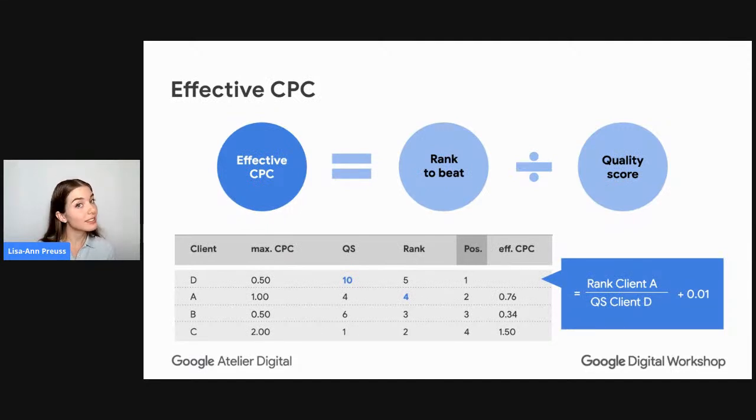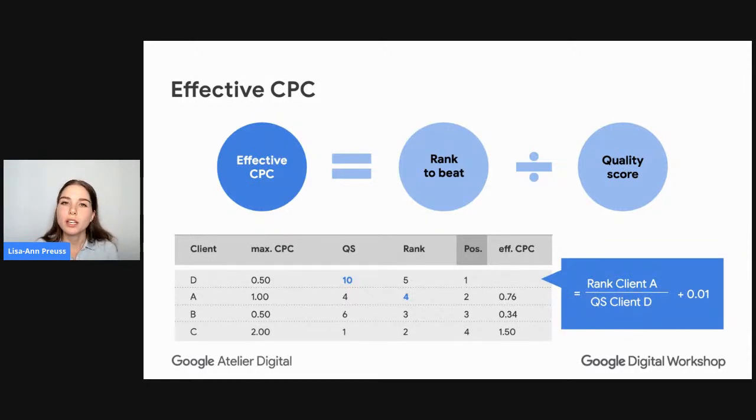Still, just because you're willing to pay a max bid for a click on your ad doesn't mean that that's the actual cost per click that you end up paying. In fact, that's why I want to look at this calculation for the effective cost per click, because this will really show how to calculate that click price that each of these clients would have to pay should a user click onto their ads.